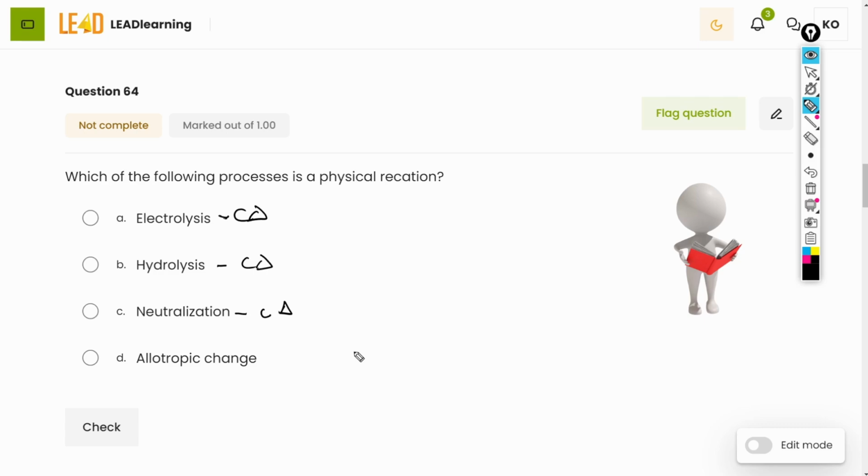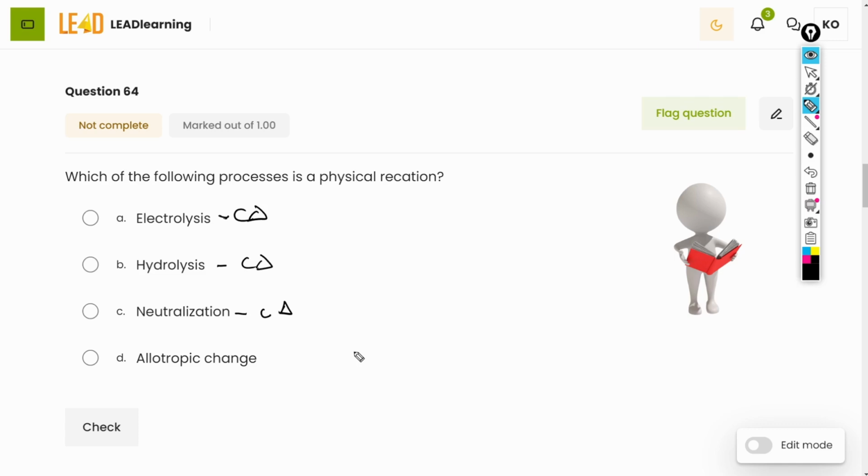Now allotropic change is a form of change of state, so it's a physical change. For example, we can have one form of carbon being converted to another form of carbon.